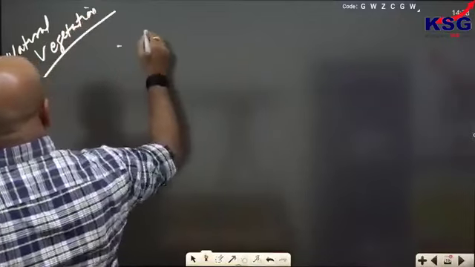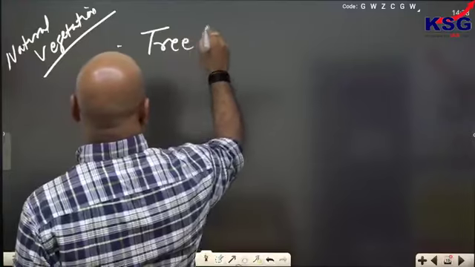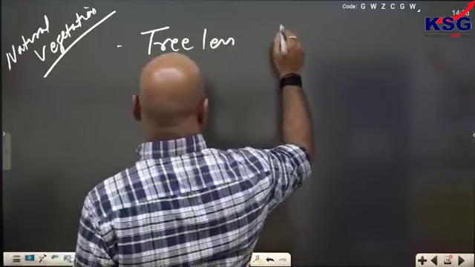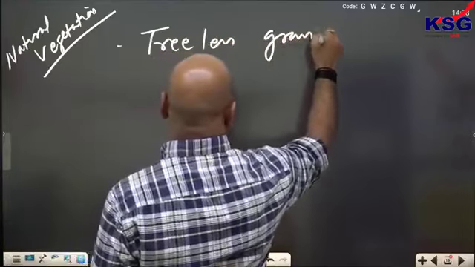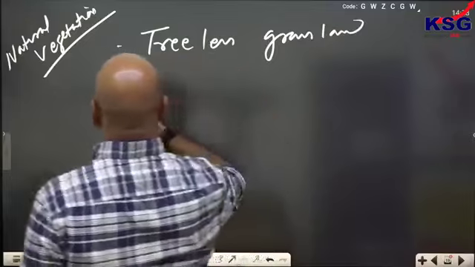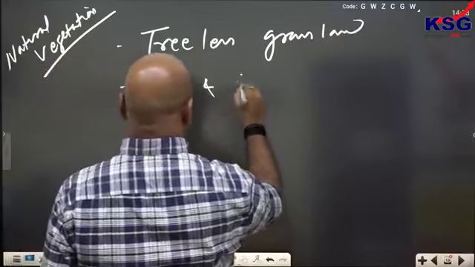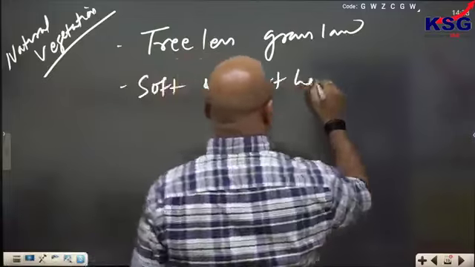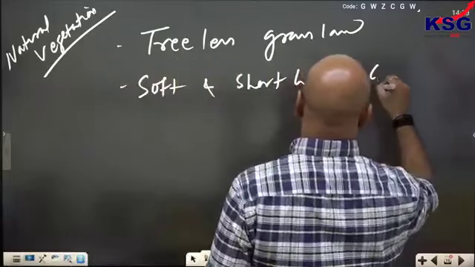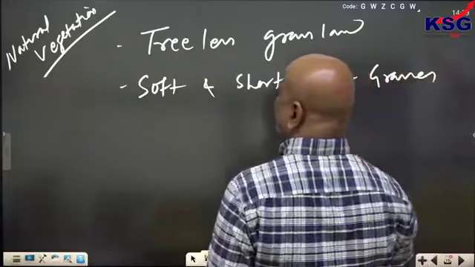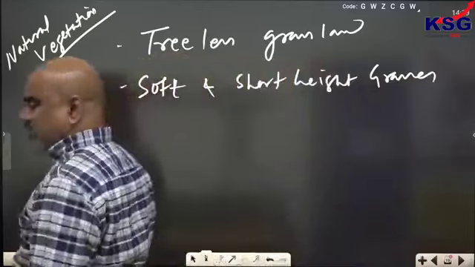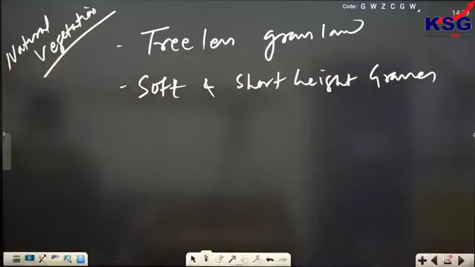Natural vegetation: because rainfall is less here, you have treeless grassland, soft and short height grasses. Natural vegetation is completely different here.